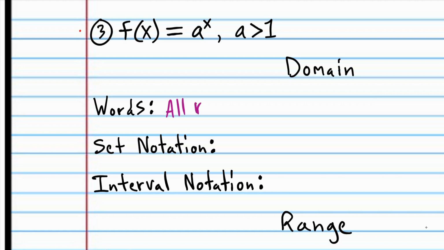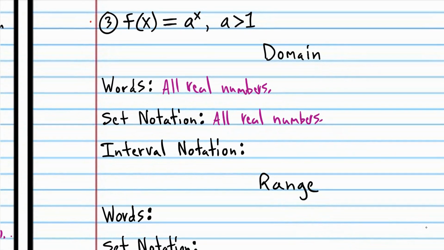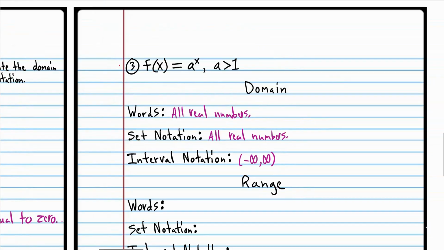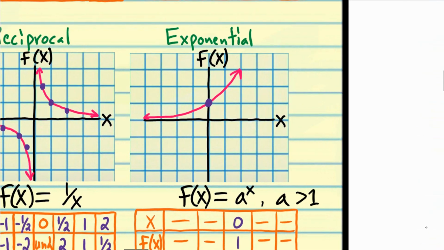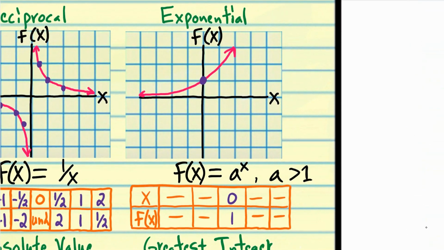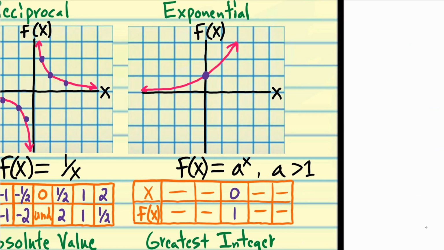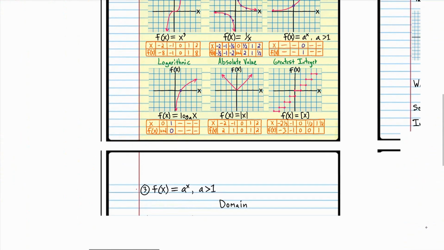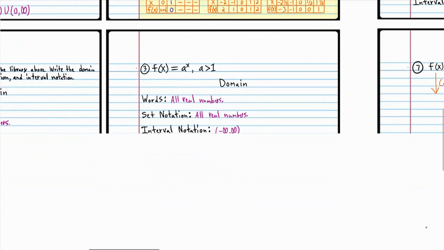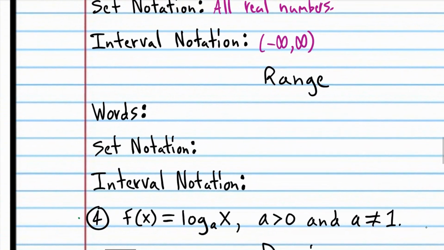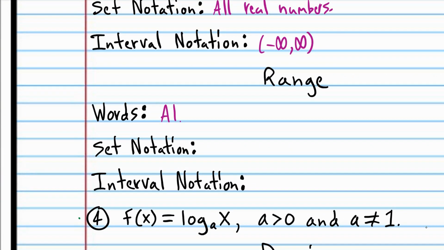So again, the domain is all real numbers, and in interval notation, negative infinity, comma infinity. That's the domain. You can take a picture of this and look at this if you want as we go along here. The domain can be any real number, and the range has to be all real numbers greater than 0.